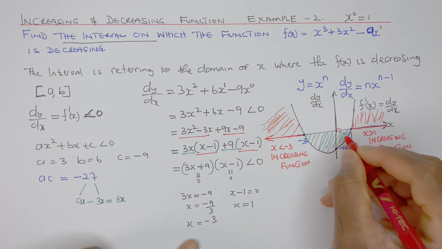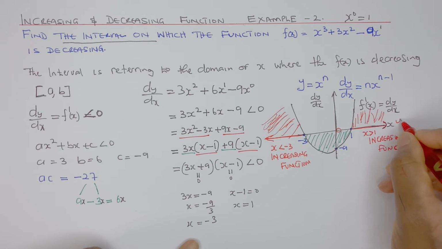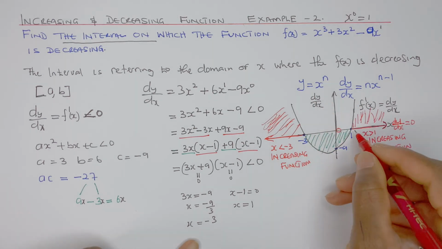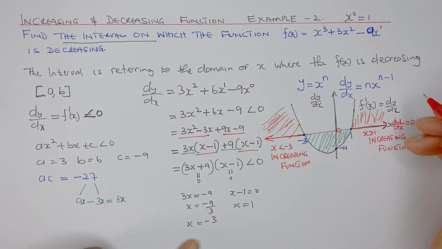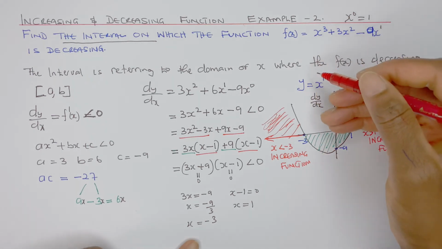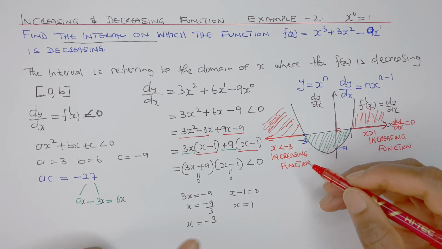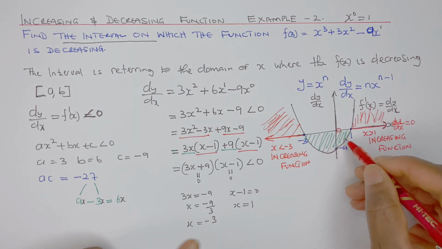This line is 0 here, so this line is dy/dx equal to 0, because I'm plotting dy/dx against x. The upper part is where dy/dx is positive, and the down part is where dy/dx is negative.